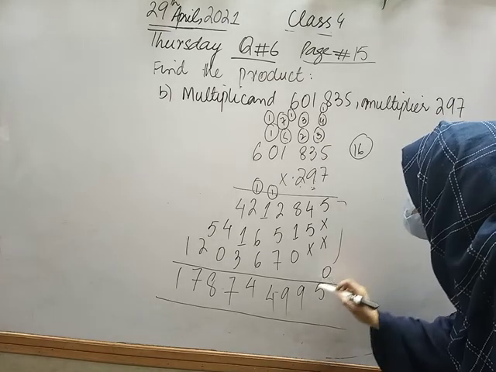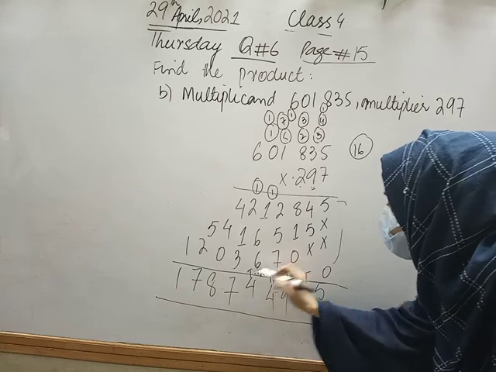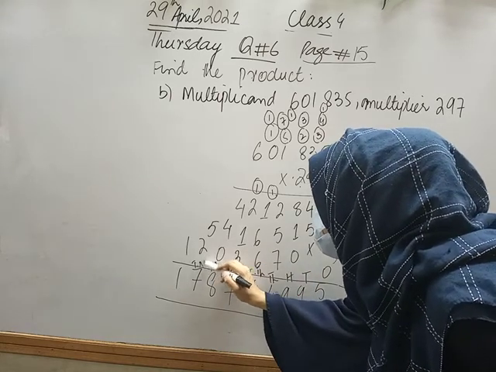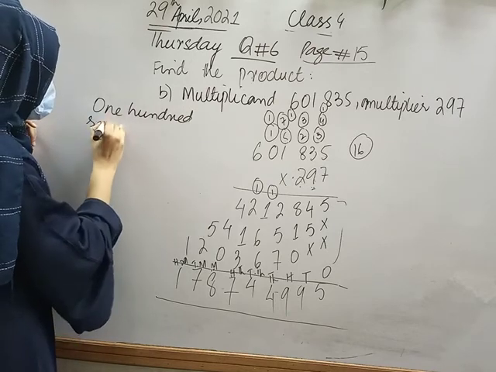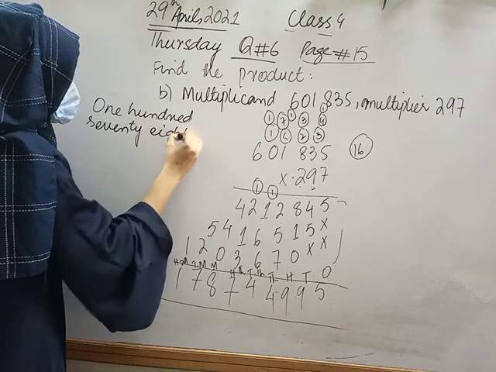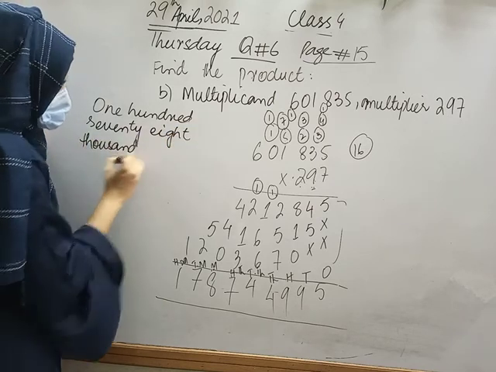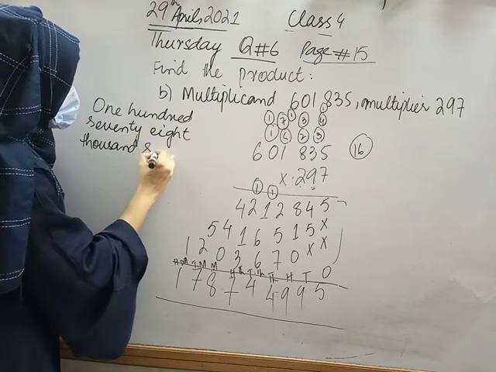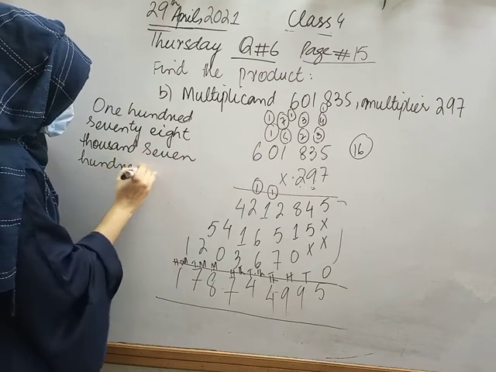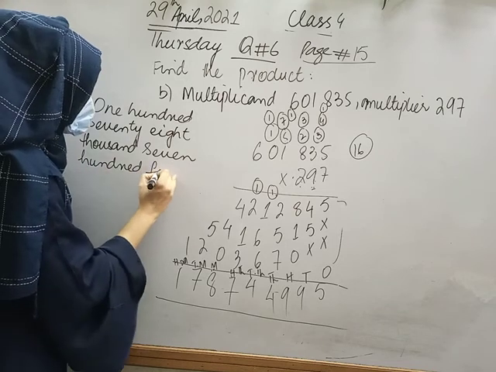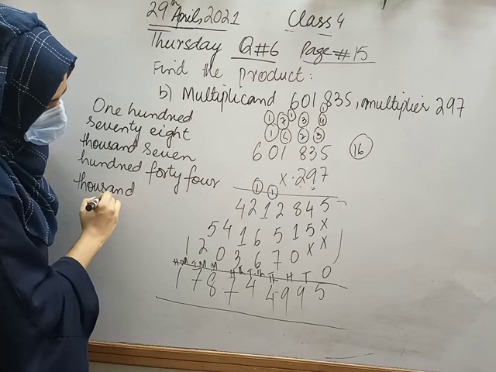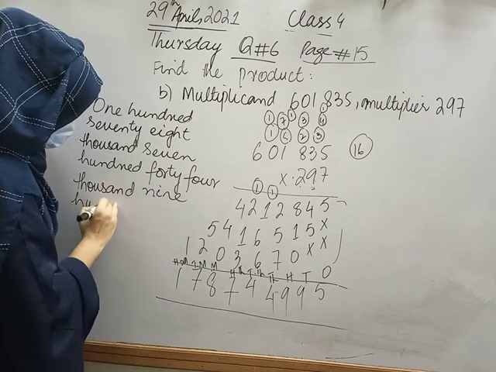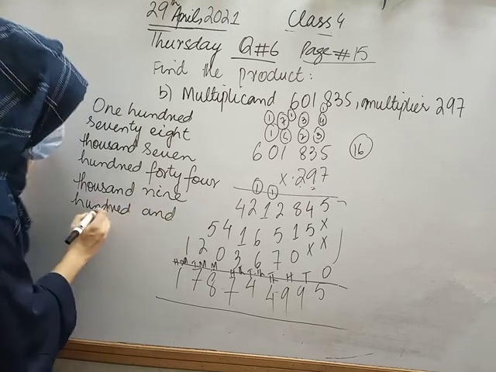Okay, so this is at ones place, tens, 100, 1000, 10,000, 100,000, million, 10 million, 100 million. So we can write 178,744,995.